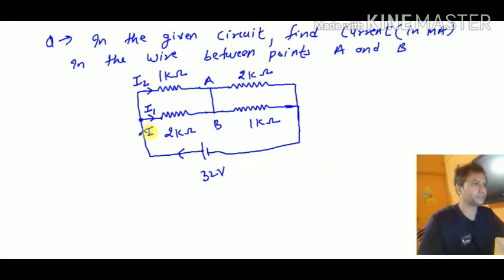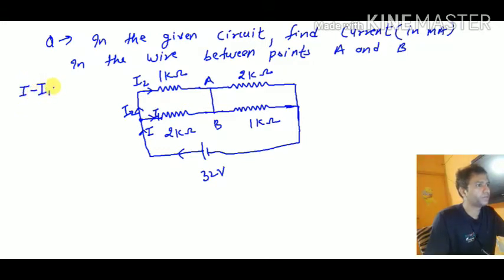From Kirchhoff's law I can write, because this current is flowing towards the junction, and these two currents I1 and I2 are going away from the junction, so a minus sign will come.